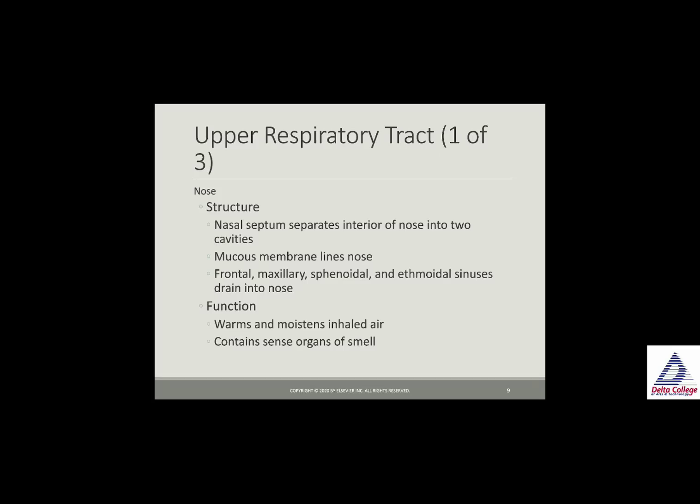Then we have our four paranasal sinuses that we've talked about before. These are the frontal, maxillary, sphenoidal, and ethmoidal sinuses that drain into the nasal cavity. The function of the nose is to warm and moisten the inhaled air, and it also contains the sense organs of smell.